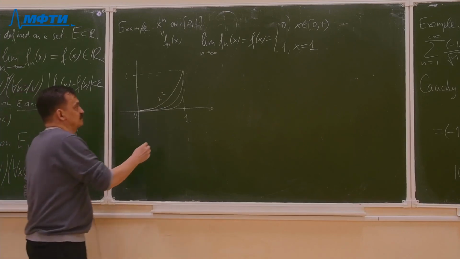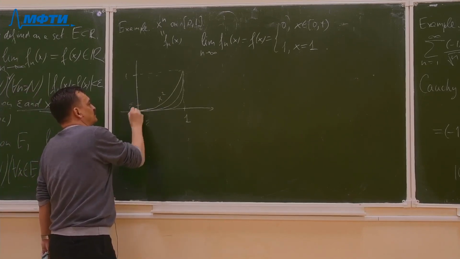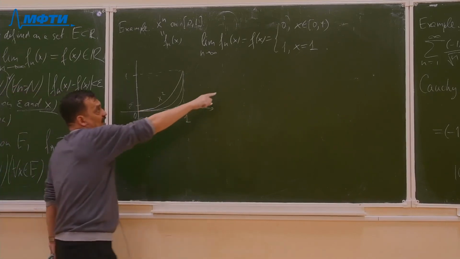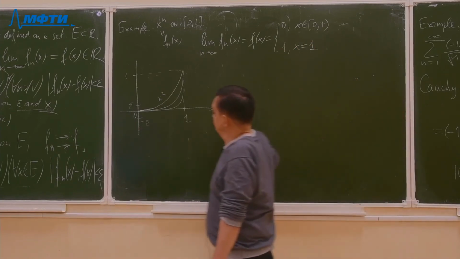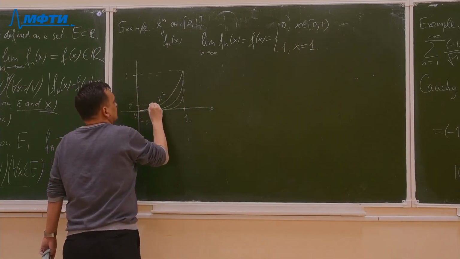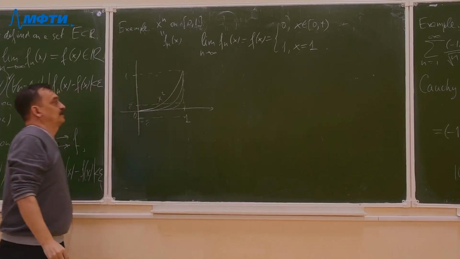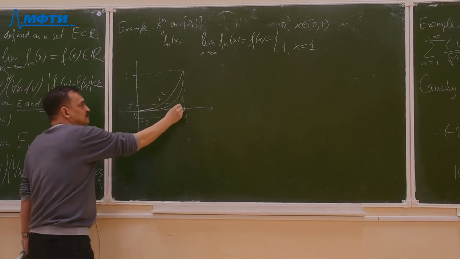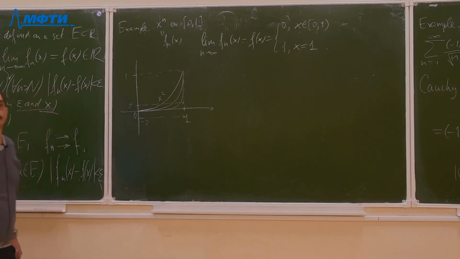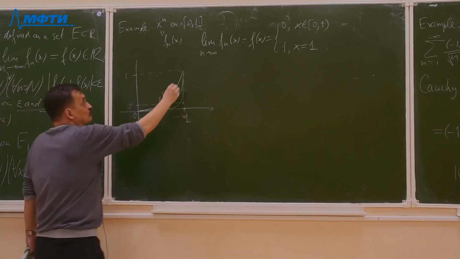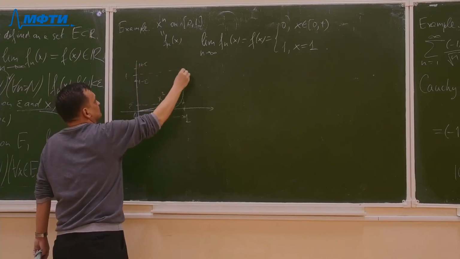I take here minus epsilon, epsilon, for arbitrary x from 0 to 1, excluding 1. So I should consider that strip around every point except 1. But around 1, I should consider 1 minus epsilon, 1 plus epsilon.